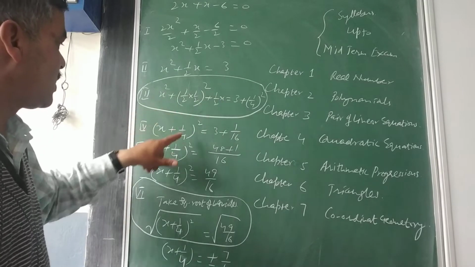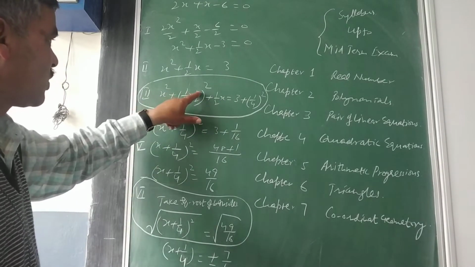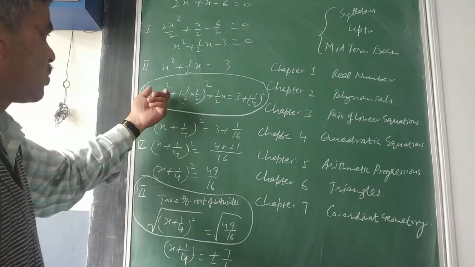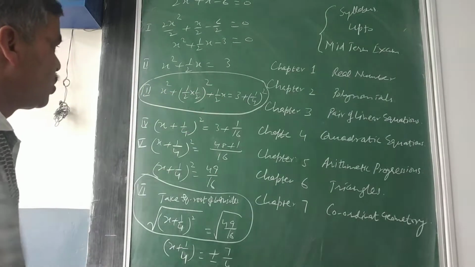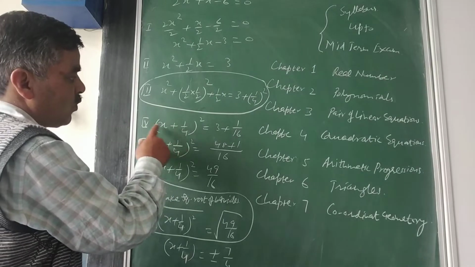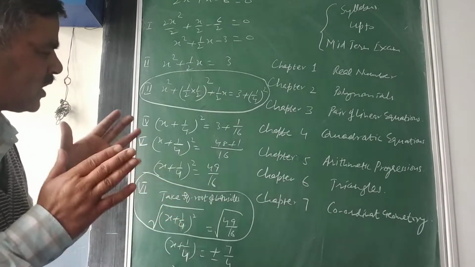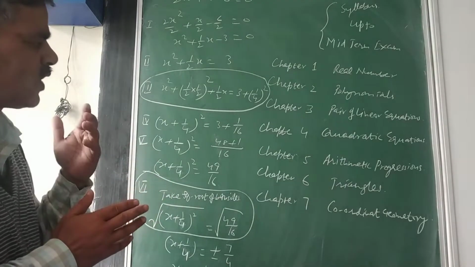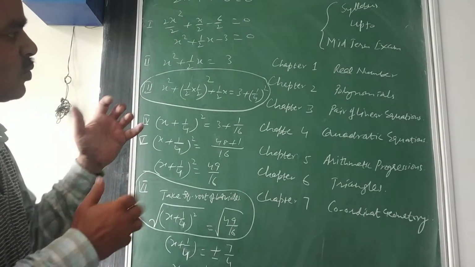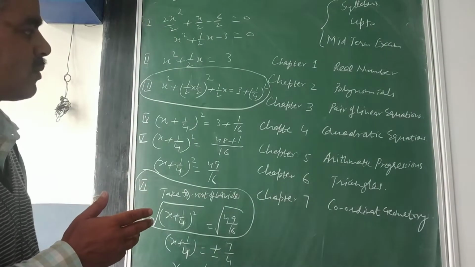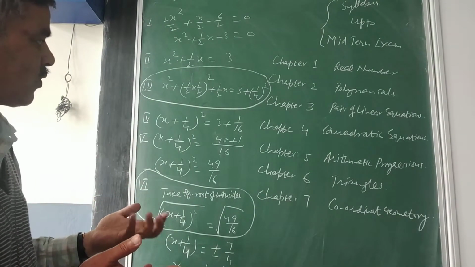Where a is x and b is 1 by 4. A square plus b square plus 2ab. 2ab is 2 into x into 1 by 4. When you solve that, it will be equal to 1 by 2x. In any case, just take the example of any question which you have solved easily by middle term split. If you do it by the method of completing the square, you will be able to understand what we need to do.